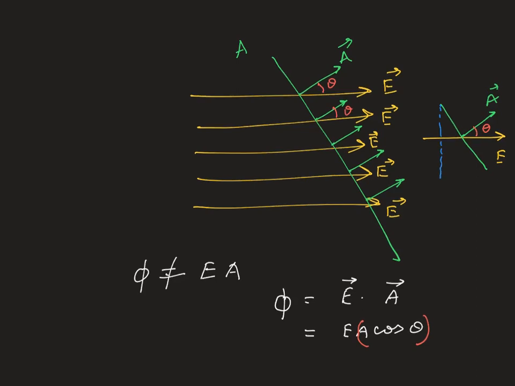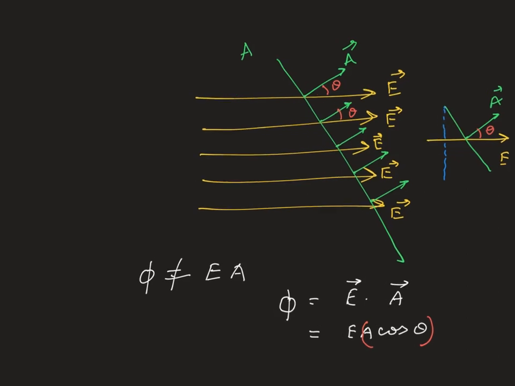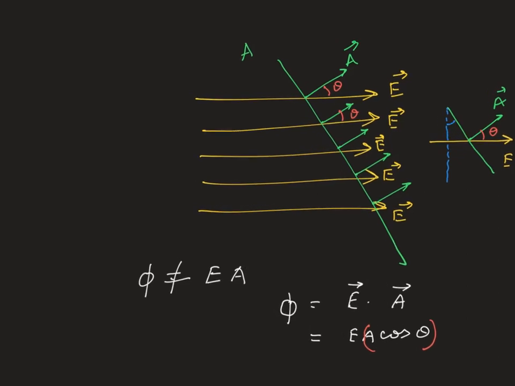If you can understand the angles, this angle is theta here, so this angle here is also going to be theta. This is area vector A, so it will have a component that is in the direction of field, and that is equal to A cos theta.